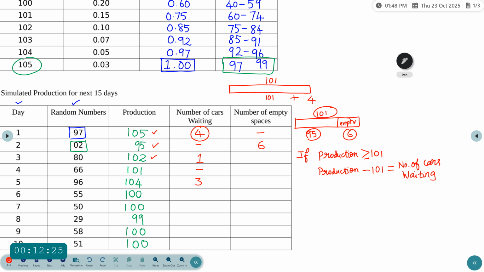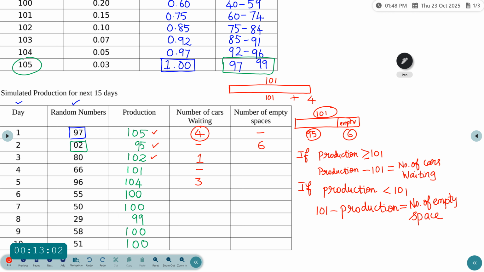If the production value is less than 101, the formula is 101 minus production equals number of empty spaces.